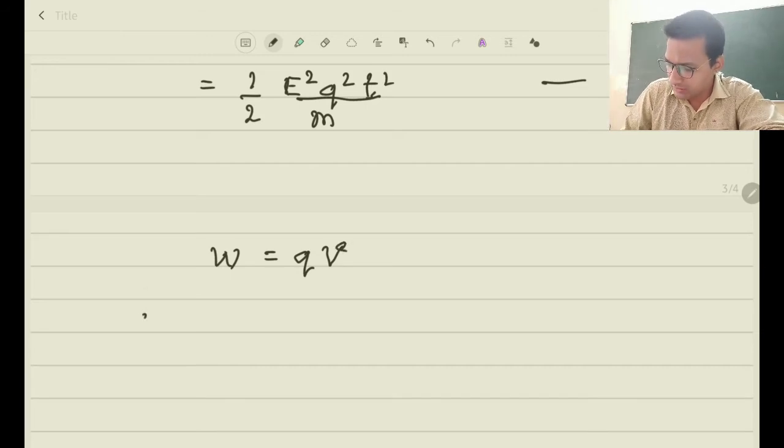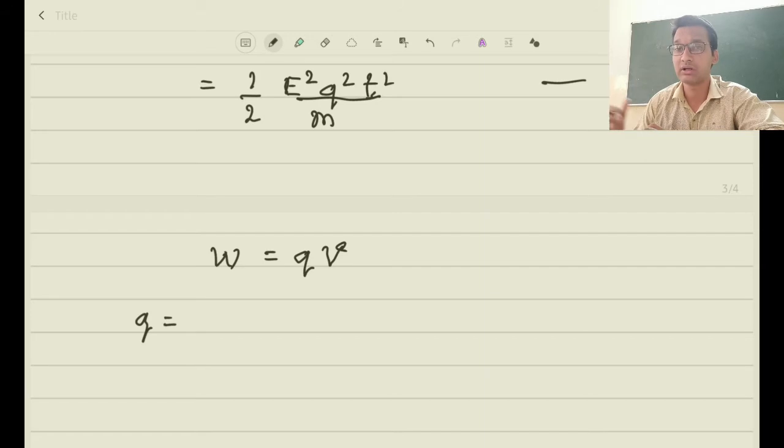And now the charged particles are mostly going to be protons or electrons or some other particle or molecule which is going to have the charge in terms of 1.6 into 10 raised to minus 19, that is the charge of an electron. It may be double or triple. So it is easy if we find a new unit to write this work, because the work is going to be extremely small.